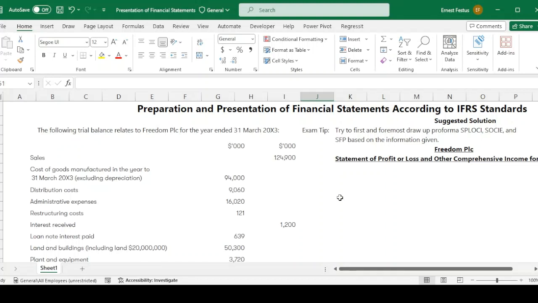So we have a statement of cash flows for the period, and then you should also have notes comprising a summary of significant accounting policies and explanatory information.